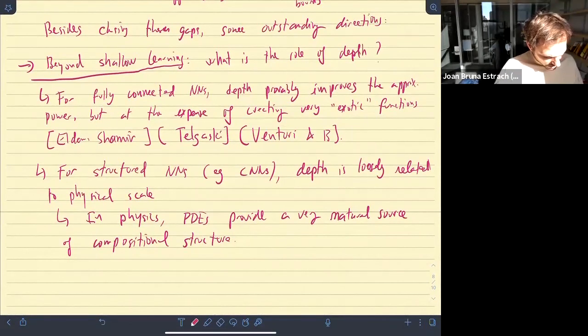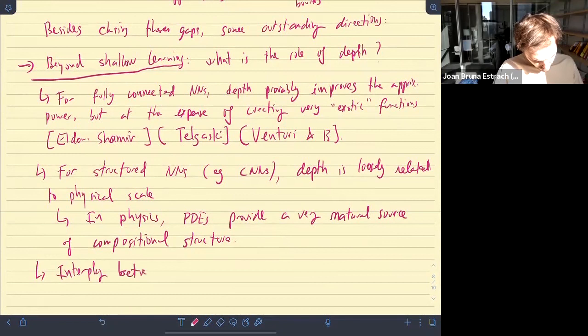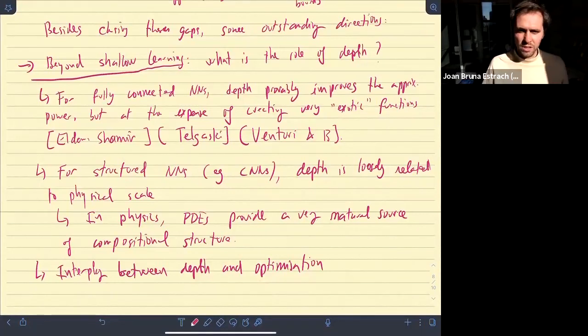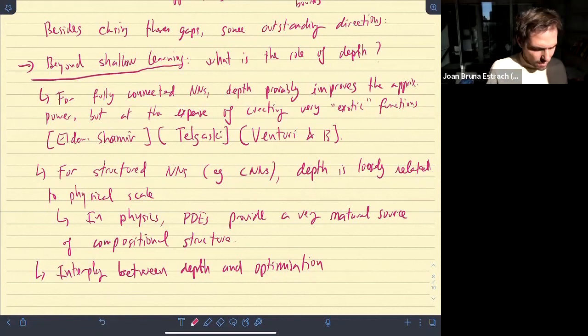There's also an interesting thing about understanding the interplay between depth and optimization. The depth of the network can also be related to certain choices of optimization, like preconditioning, and also more fundamental properties.